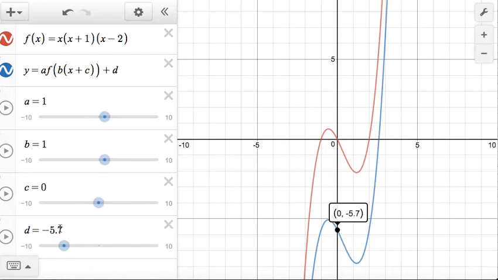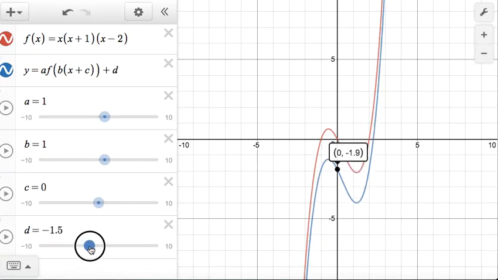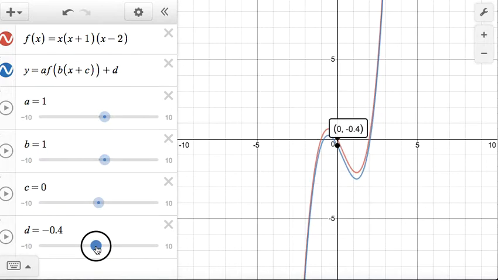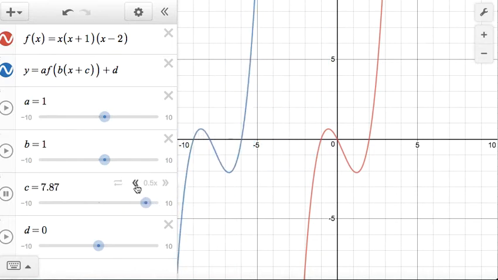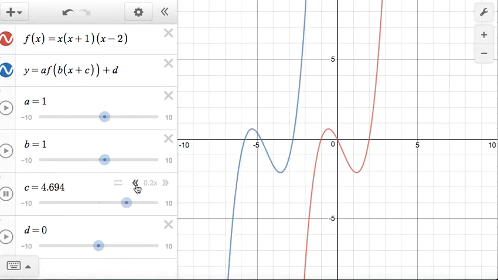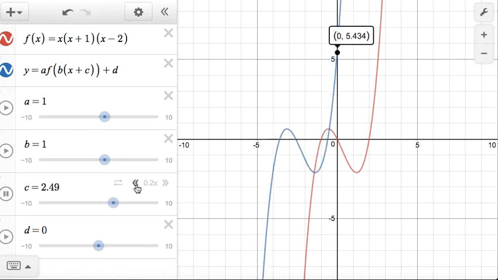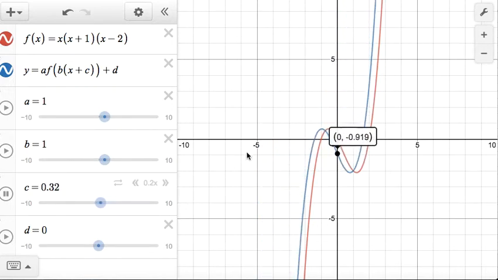So what I can now do is set that back to 0. And I'm going to get the c slider. And here we can see that it's moving side to side.